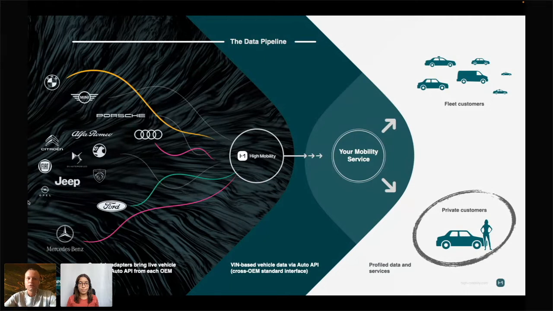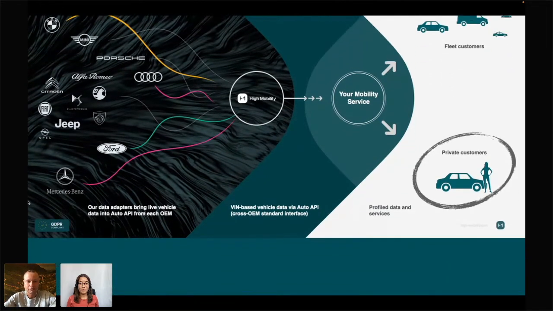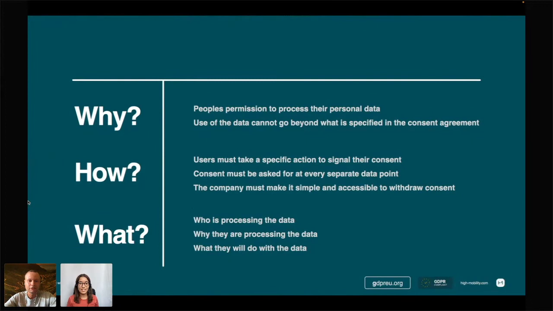So let's take a look at some legal aspects. All the parts that you can see on this slide are mainly derived from the GDPR, which is the single set of data privacy laws here in the EU. And it essentially says that whenever a company would like to process personal data, it must ask for permission first.